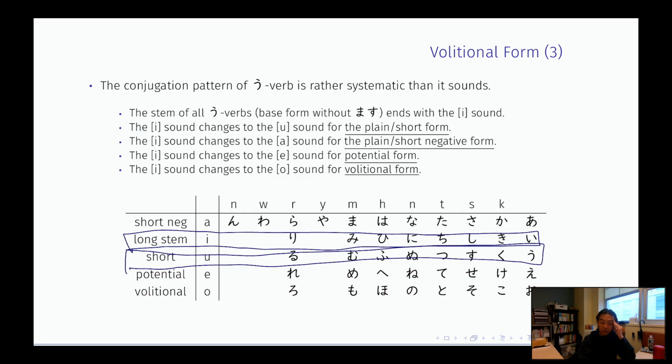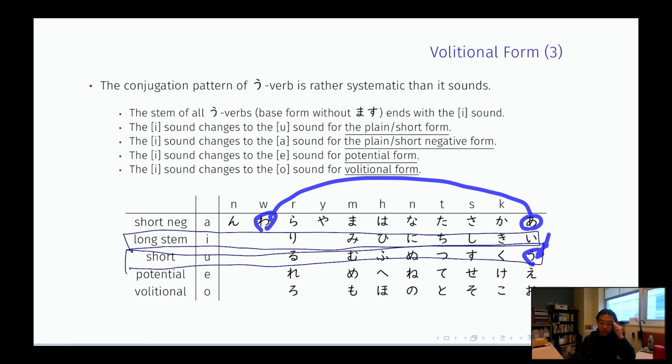And if you want to negate the short form, you go up here. 会う becomes 会わない。For some reason, we've swapped these.